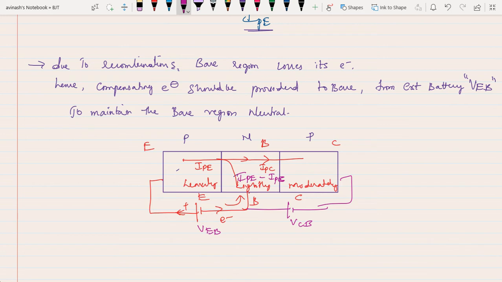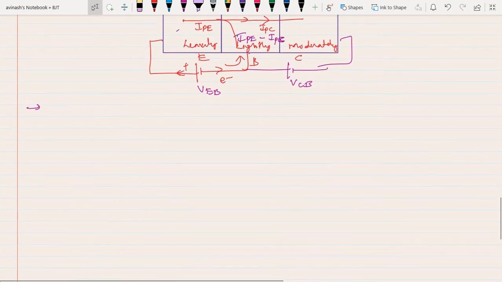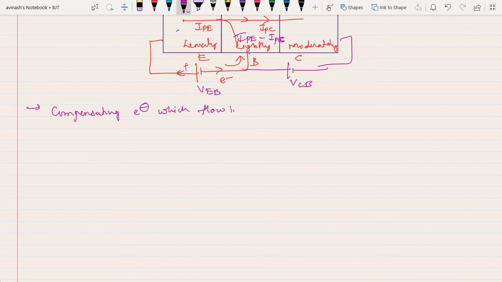Let me write here: the compensating electrons which flow into the base produce a current, as you can see here, IPE minus IPC.